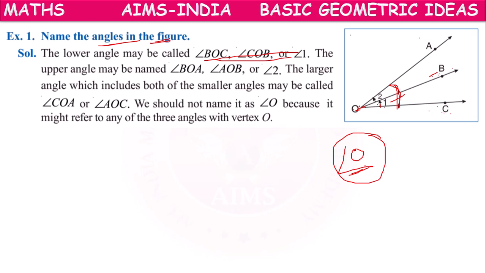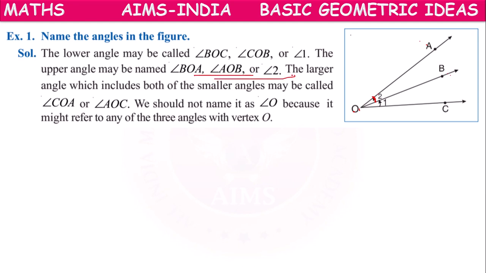Next. Angle O means angle 1 plus angle 2, which can be named as angle 3. Next. This above part, BOA, AOB or angle 2. Like that we can mention.